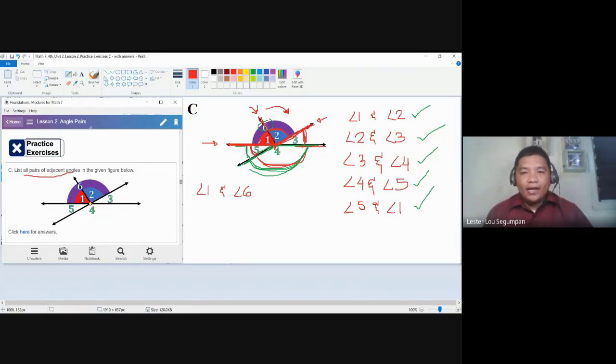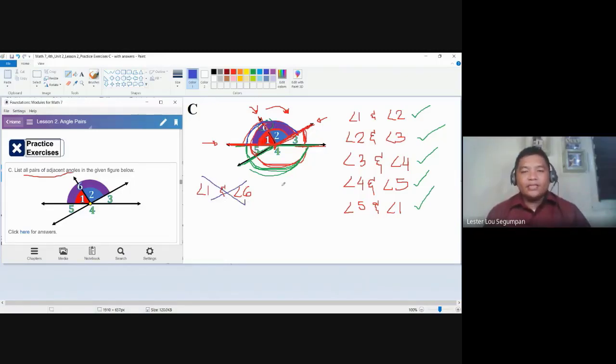However, angle 1 is part of the bigger angle, angle 6, because angle 6 ranges from here to here, and it contains angle 1, or it overlaps angle 1. The third condition is not met.